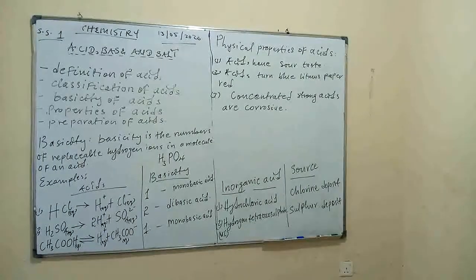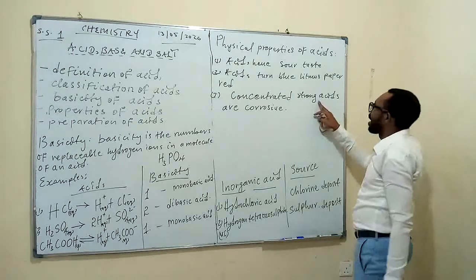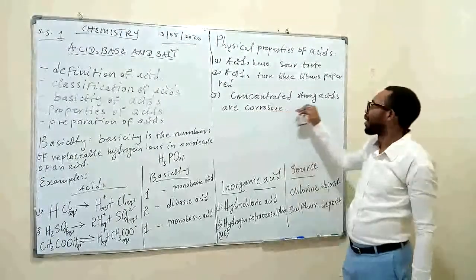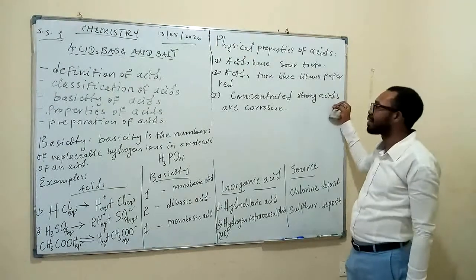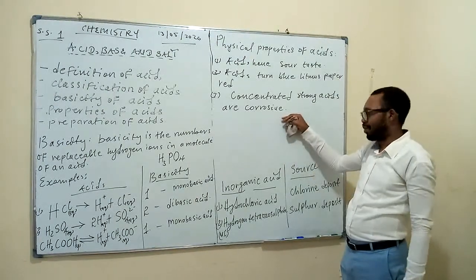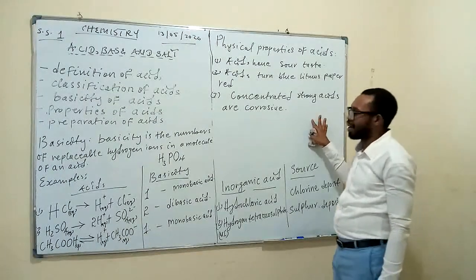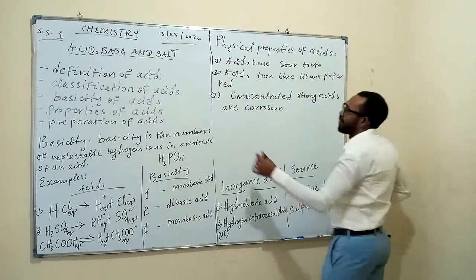You get that? I said concentrated strong acids are corrosive. That is, they burn the skin. Okay, chemical properties of acid.